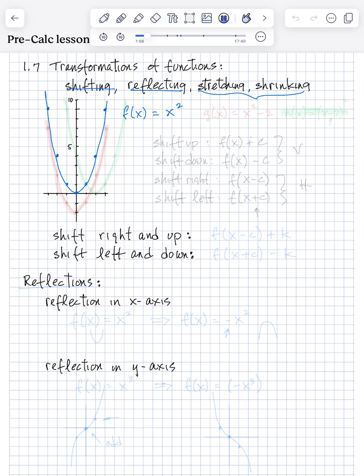We'll call it, we're going to do it in red, we'll call it g of x is equal to, let's say it's x squared minus 2. We know that the negative 2, because it's outside of any parenthesis, it means you shift it down 2 places.